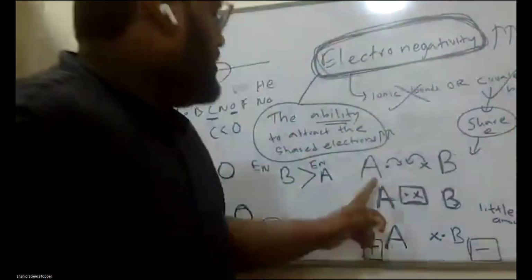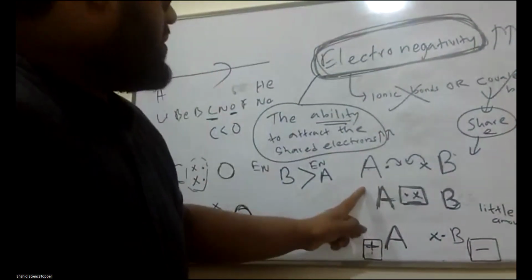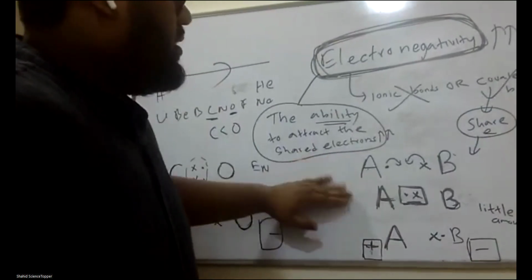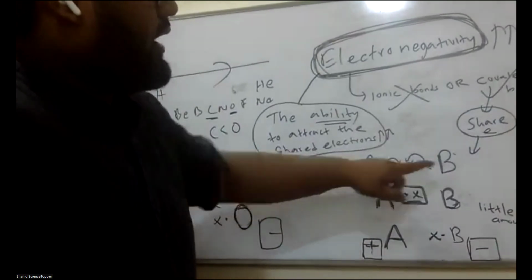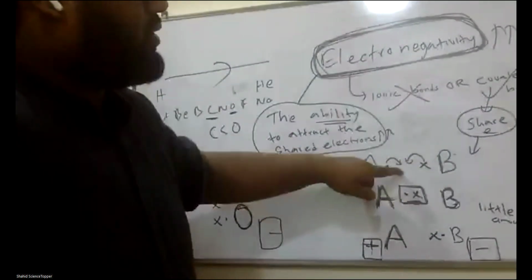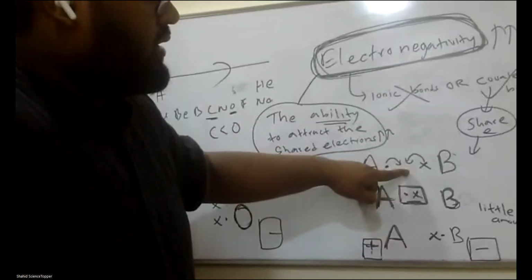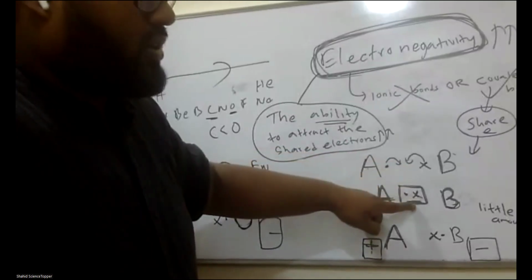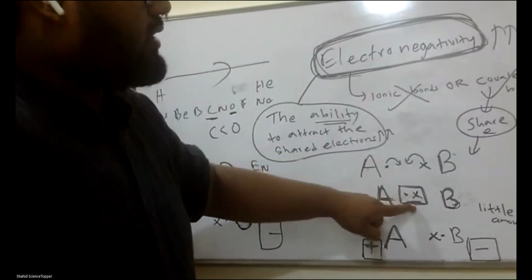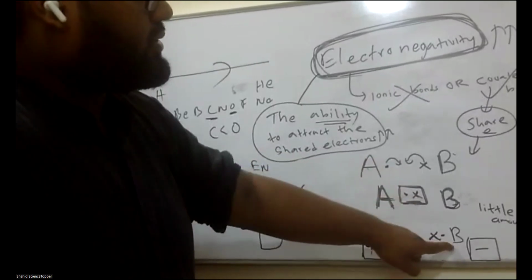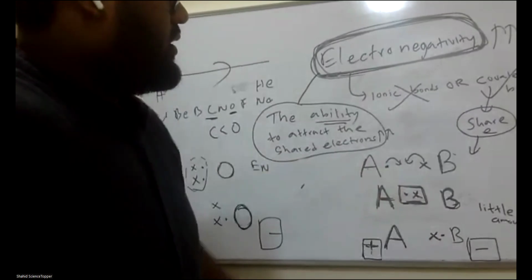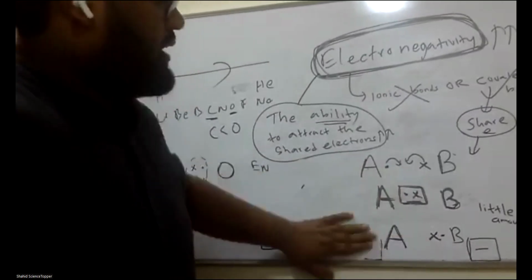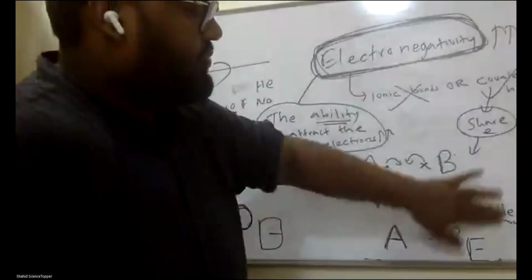After that, this example: A and B are putting in an electron each, and the shared electrons will be going closer to B. Don't write this sign for now.